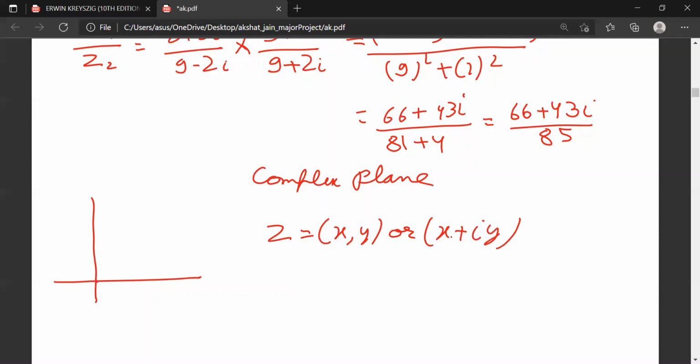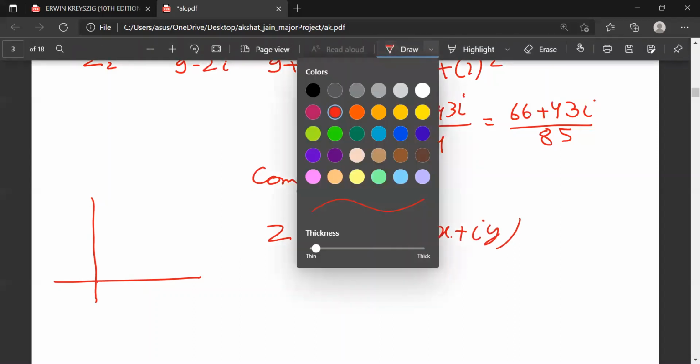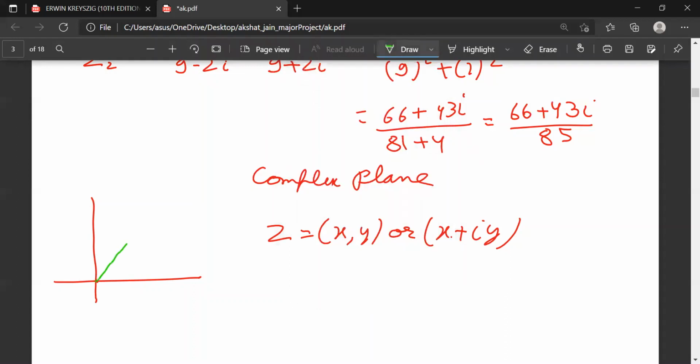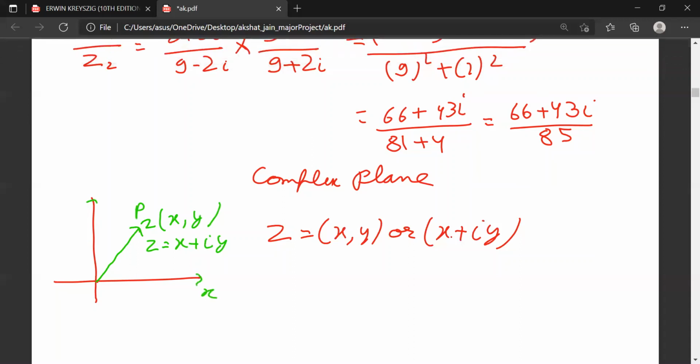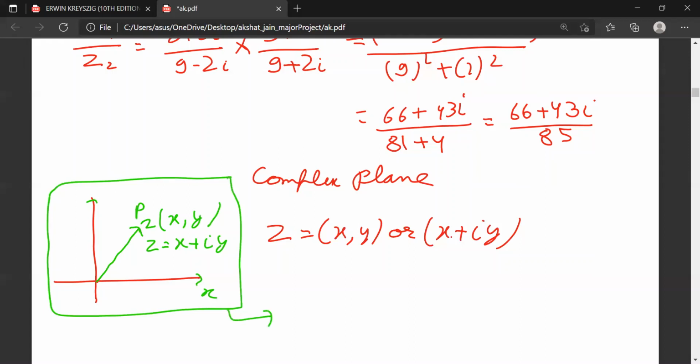We put it as the point P, z equals x comma y, or z equals x plus iota y. So this is what we are talking about: the complex plane is an xy plane in which complex numbers are represented in this way.